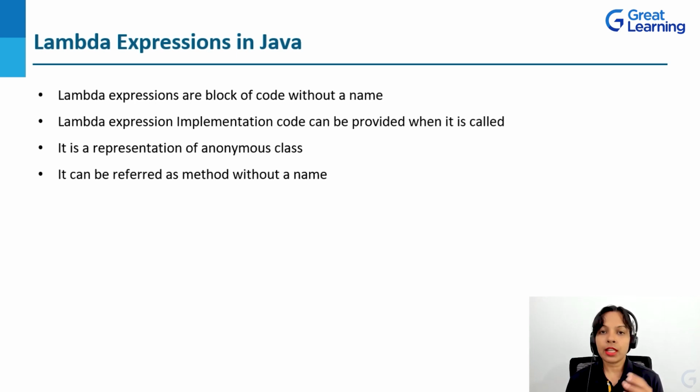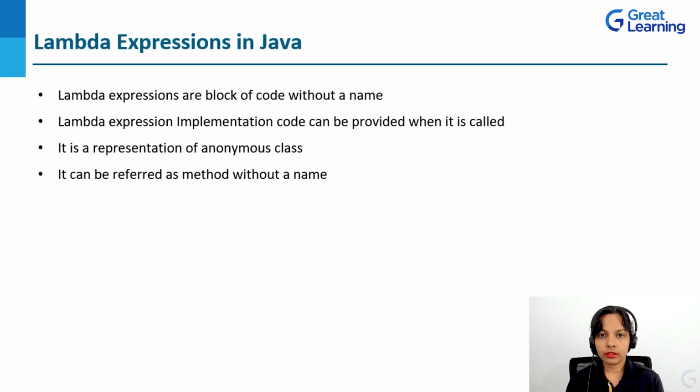But if I have to use a lambda expression, I will not define any separate method or separate piece of code. Wherever reversing the characters of a string is required, there itself we will write the lambda expression, which will contain the code for reversing the characters of a string.